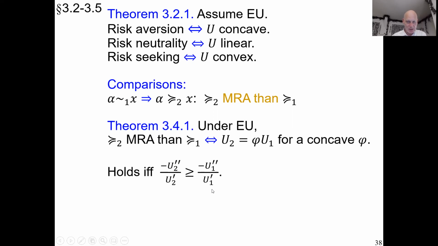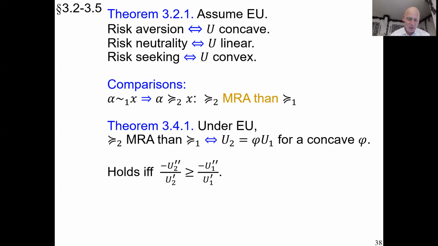So this suggests that this maybe weird looking fraction at first sight is a good index of risk aversion, and so it is. These numbers are often used as indexes of risk aversion to quantify them. Sometimes they say in an absolute sense, for all kinds of reasons. They call this the Pratt-Arrow index because Pratt and Arrow independently discovered it.